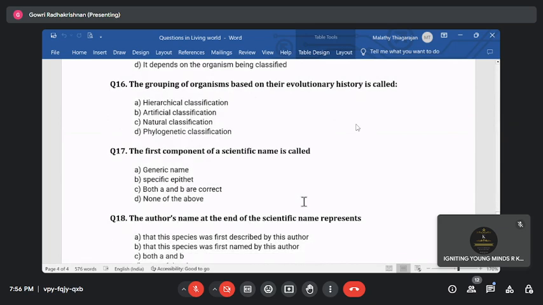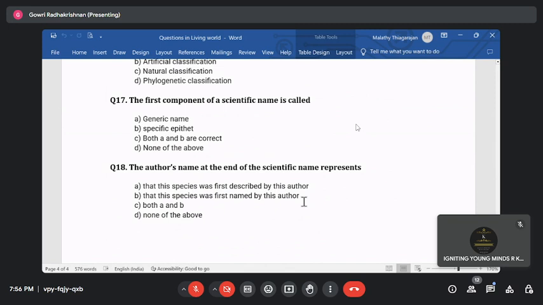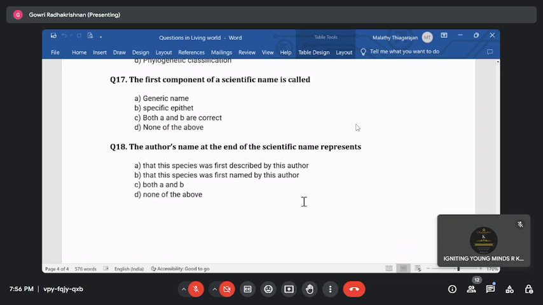Grouping of organisms based on their evolutionary history is called? Phylogenetic classification. Yes, correct. First component of a scientific name is called? Generic name. Correct. And the starting letter is written in capital. The author's name at the end of the scientific name represents?